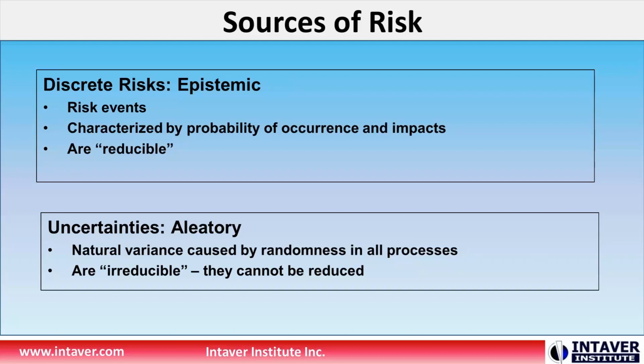And as we'll see, there are some other impacts that they unveil, or risk that develops out of the schedule logic because of that aleatory risk. I would call it an emerging risk.